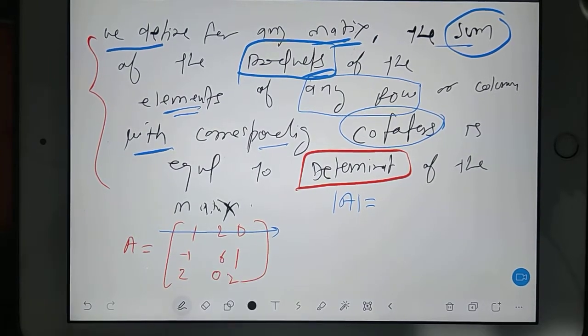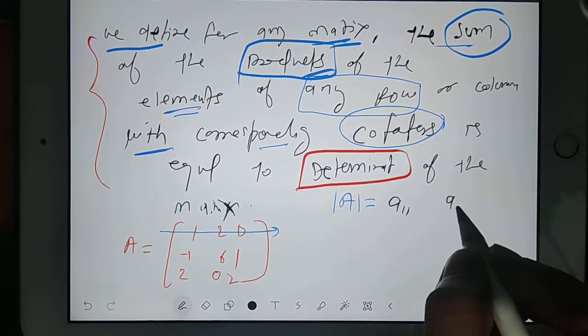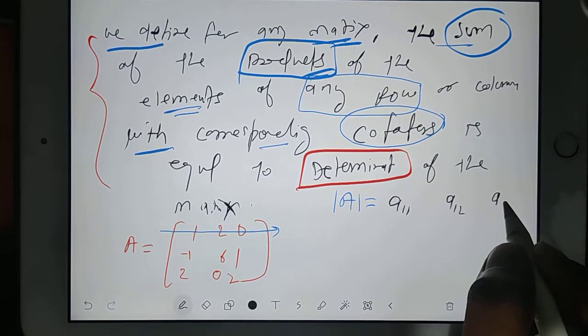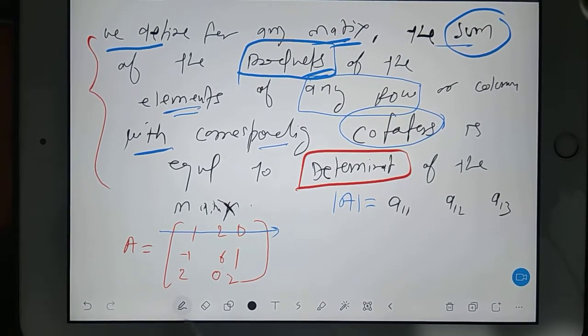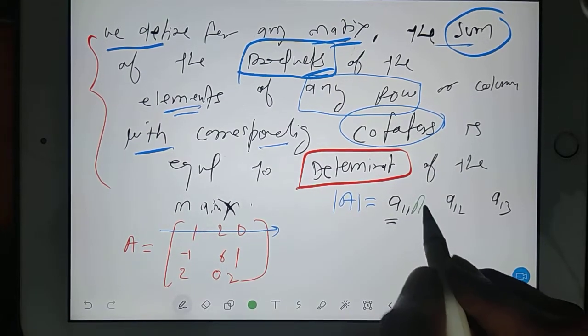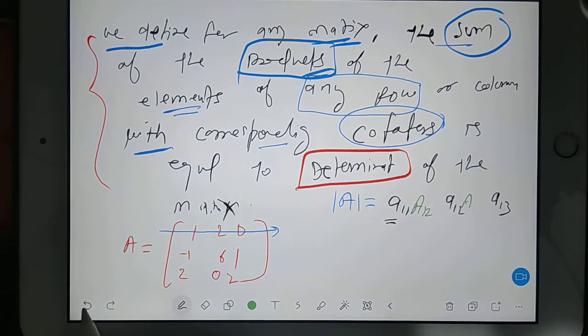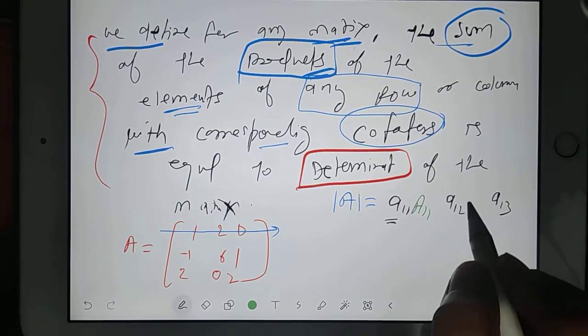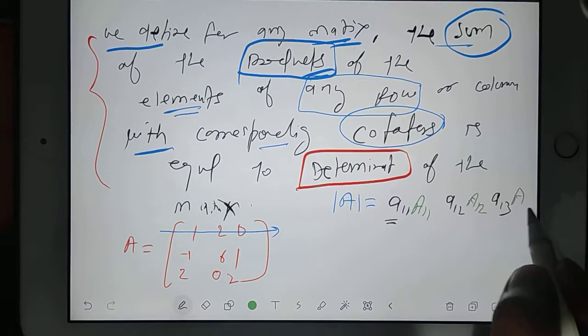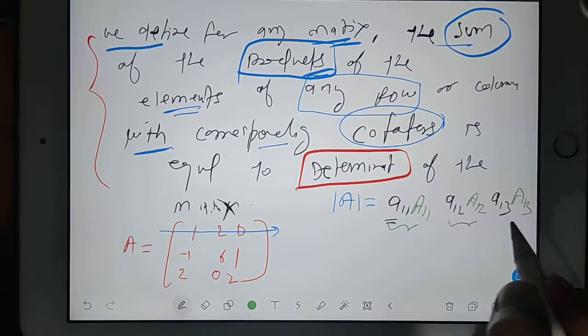In this row, I have 3 elements: A11, A12, A13. Now these elements I will multiply with their cofactors, A11, A12, A13. So I got a product here, a product here, a product here.